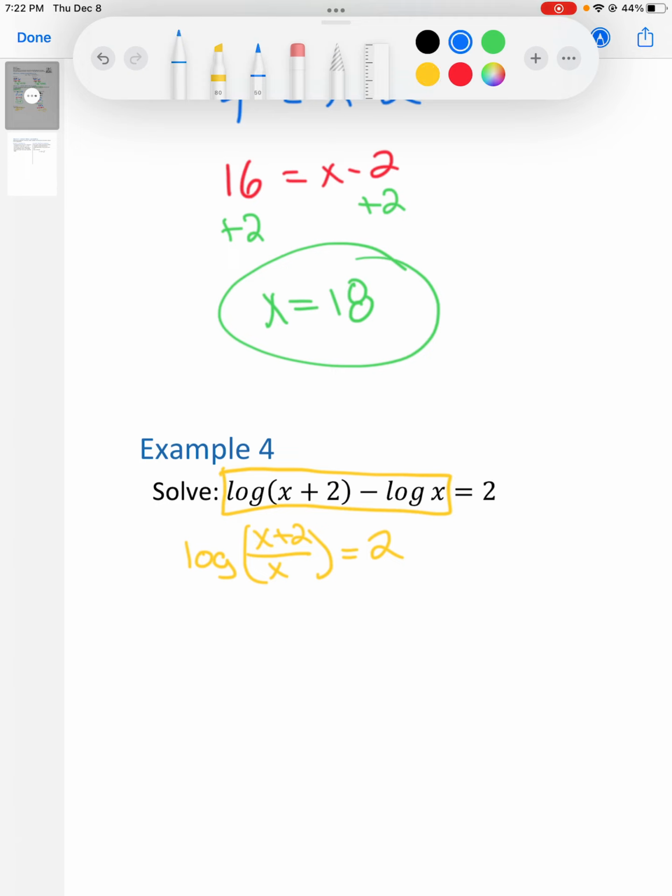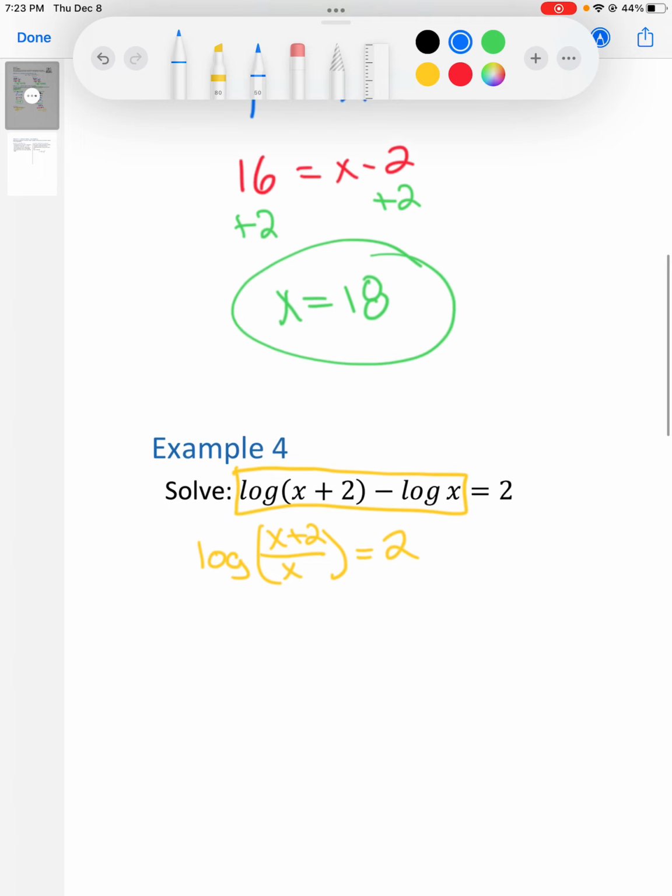Okay, so again, let's make this an exponent. So the base of our exponent is 10. Our exponent is 2. And that is x plus 2 over x.